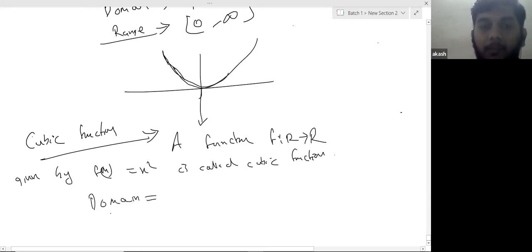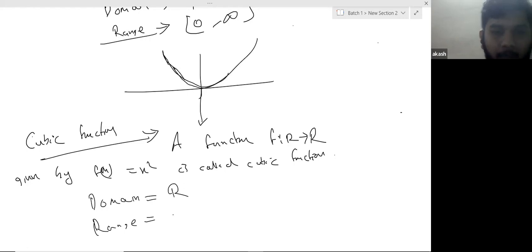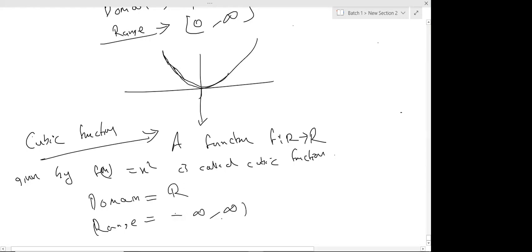Domain and range. Domain is R. And range? Sir, is it from minus infinity to plus infinity? Yes, right.